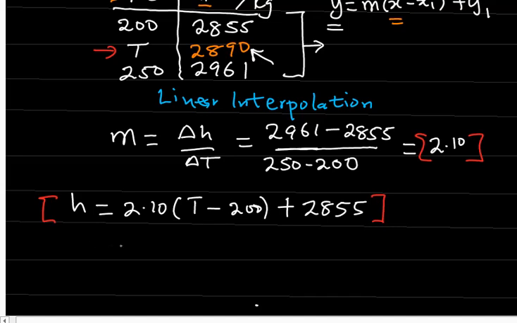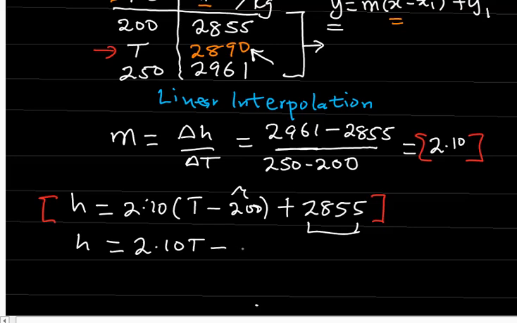So let's see what we have. If you open this bracket, you end up having 2.10t minus 2.10 multiplied by 200, then added to 2855.